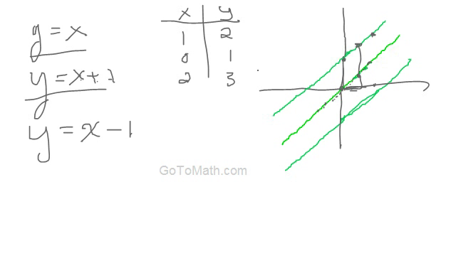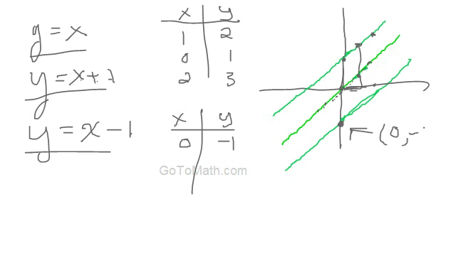Same thing with x minus 1. Now that's the graph that's been shifted downwards. We plug 0 in and we get negative 1, because 0 minus 1 is negative 1, right? So 0, negative 1, that'll be right here. And of course we can write that as an ordered pair, 0, negative 1. Alright.